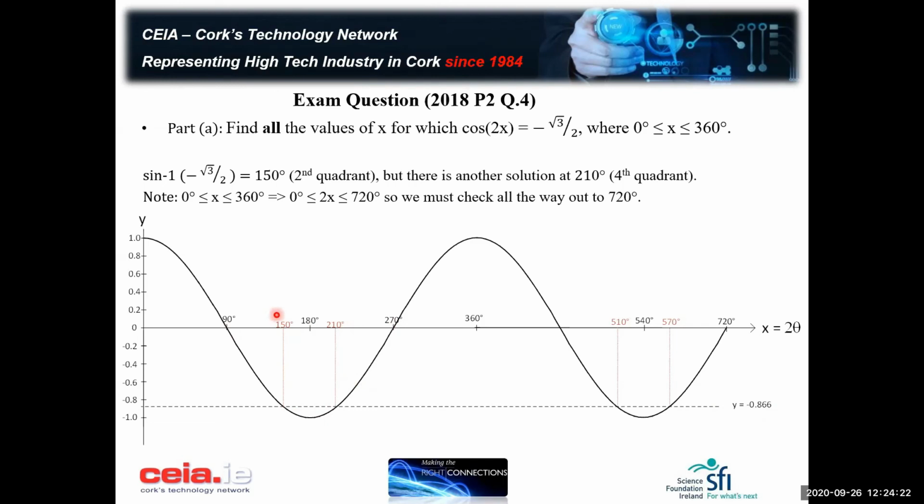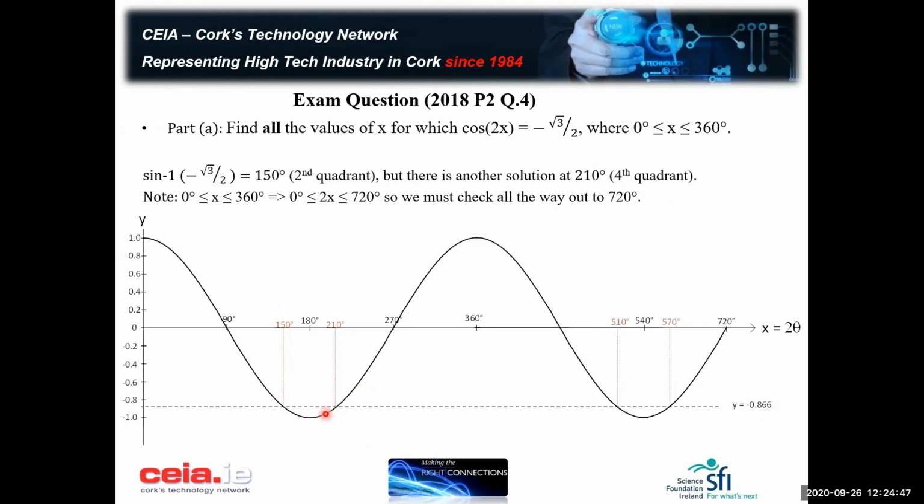Now, if you use your calculator and take the inverse cosine of 0.866, it'll give you 150 degrees. So you can draw that on the unit circle, but you need to observe that there is another point that has the same cosine in the third quadrant at 210 degrees.